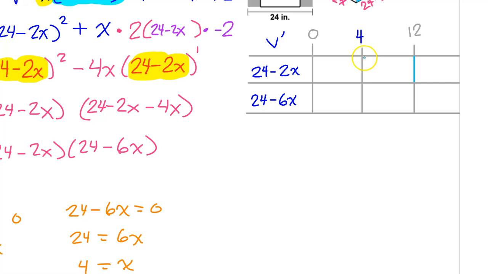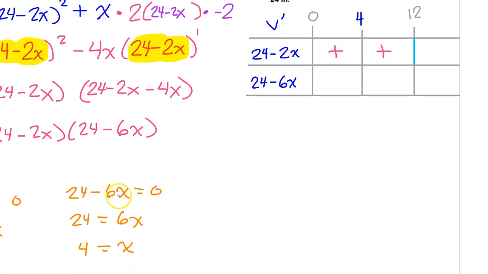If we were to plug in 4, we would get 2 times 4 is 8, and 24 minus 8 is a positive number. So using that as a test value, this factor is positive in both intervals. 24 minus 6x is equal to 0 at x equals 4. So this is the only place where this factor might change signs. So let's use 2 as a test value.